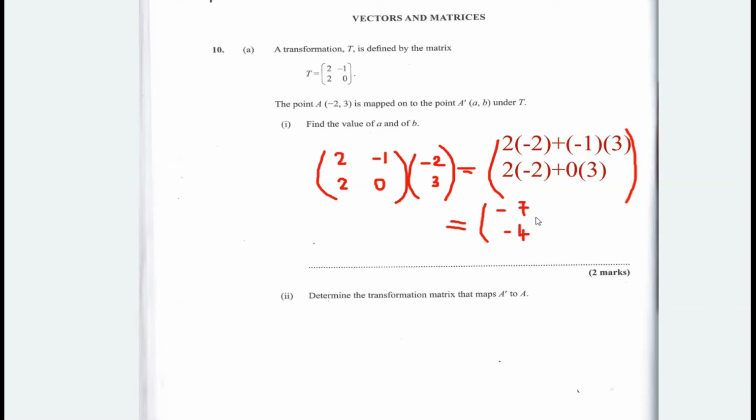So that would be A prime, sorry. And so we can therefore state that a would be equal to negative 7, and b would be equal to negative 4. Easy.